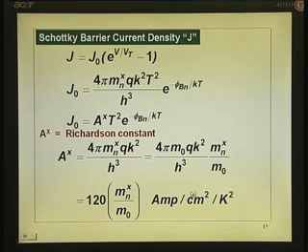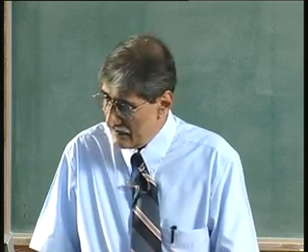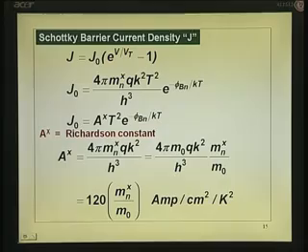So, let us go further down, because you do not have to remember even this. A star is actually this quantity, 4 pi mn star q k square by h cube. You do not like to have that mn star there. You always know mn star by m naught, because for gallium arsenide it is 0.067 or so. So, that is why we multiply and divide by m naught.